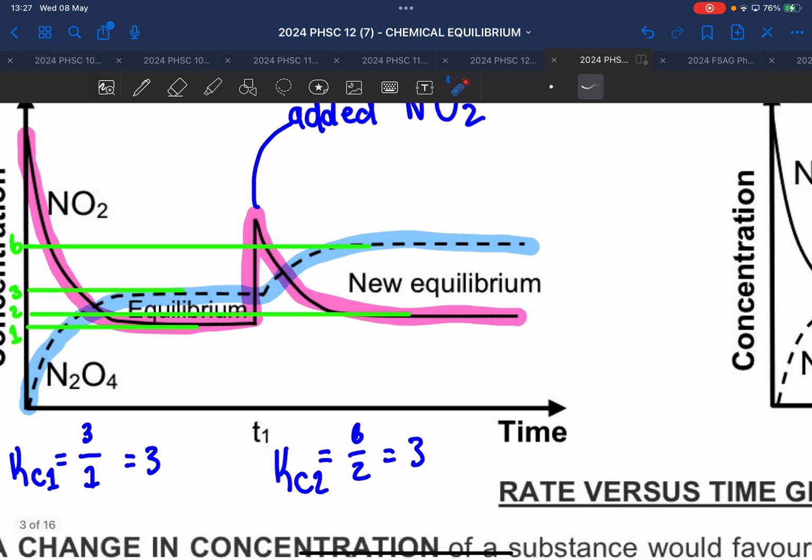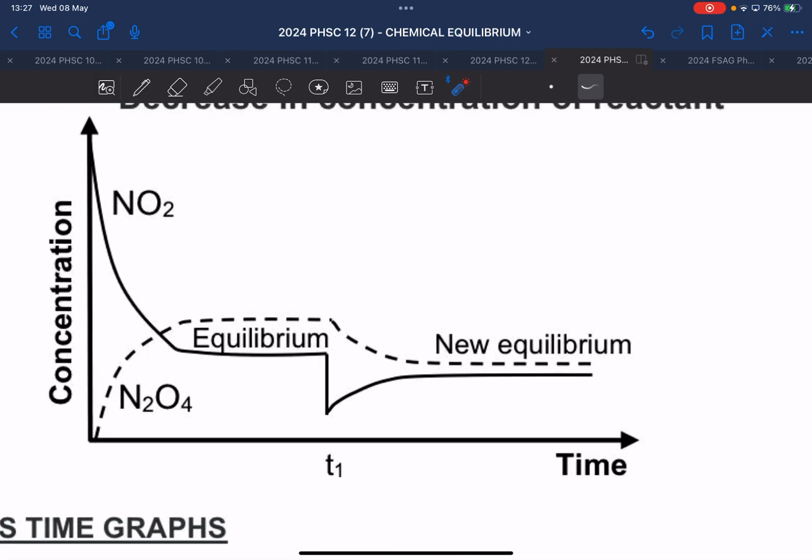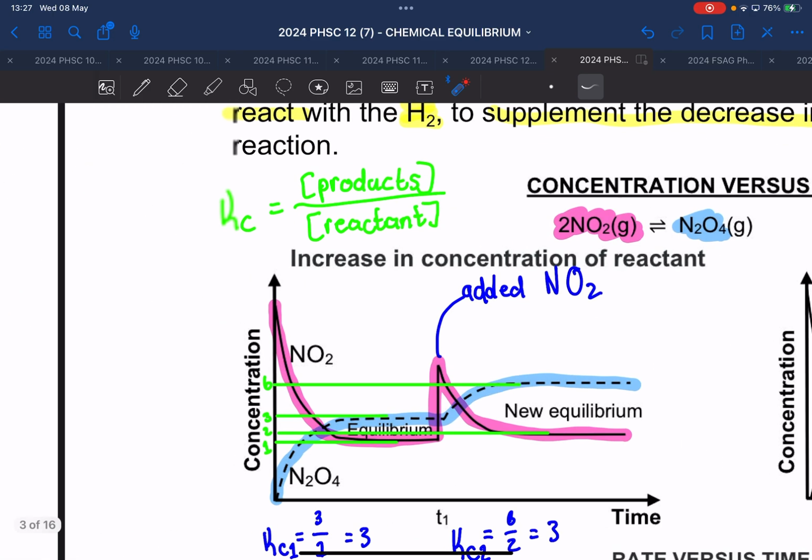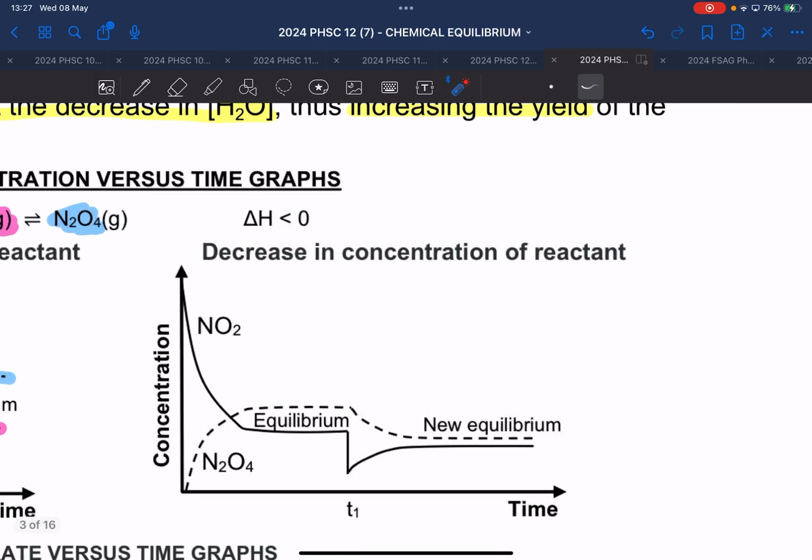In our second graph here, they give us the reaction NO2 gives N2O4, the same as the reaction here. They say this dashed line is for N2O4, so that is our product, and the solid line is NO2, that is our reactant.